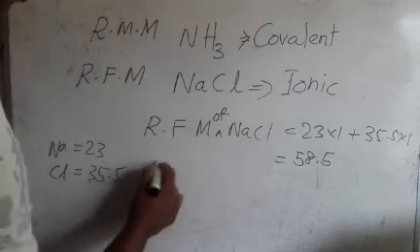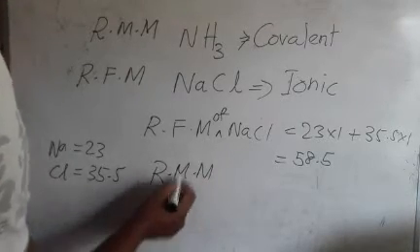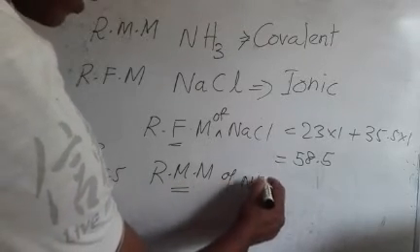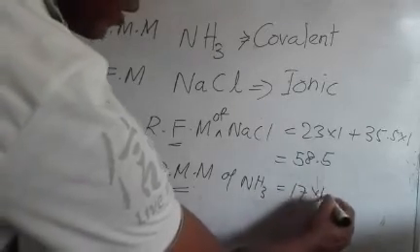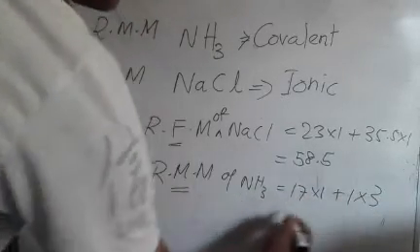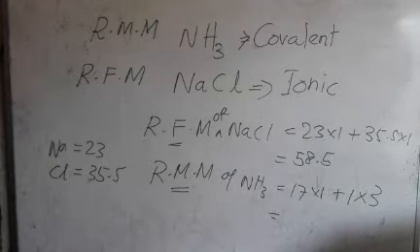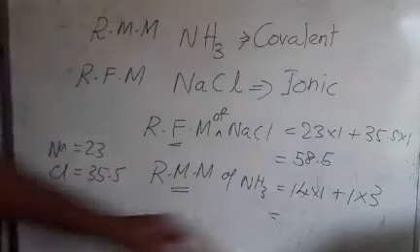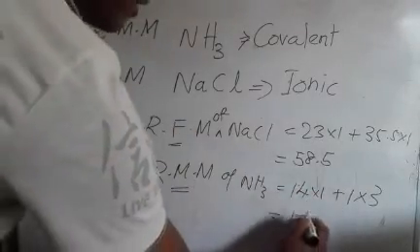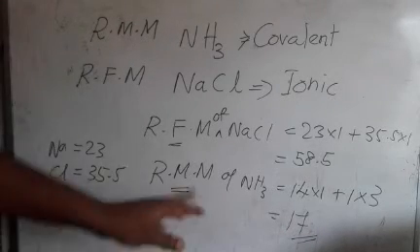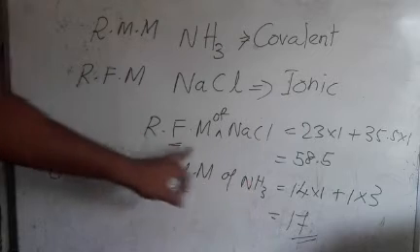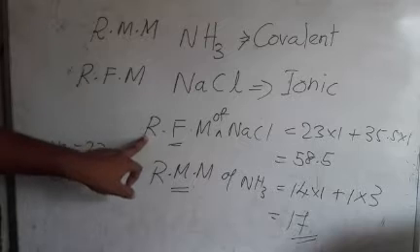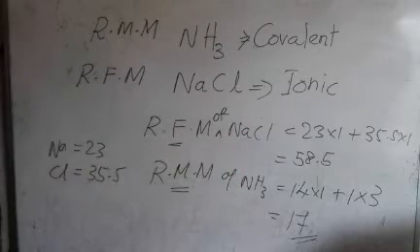For ammonia, we use relative molecular mass: nitrogen is 14, hydrogen is 1, so you get the value 17 there. So we use the term relative molecular mass for covalent compounds, and relative formula mass for ionic compounds.